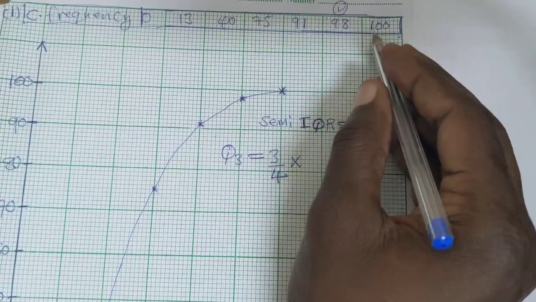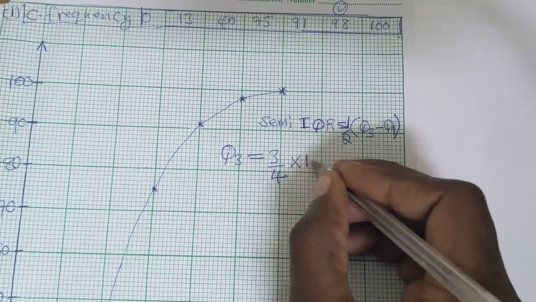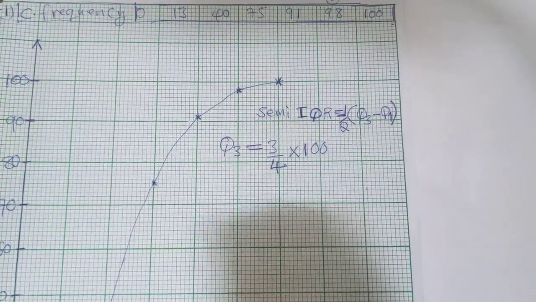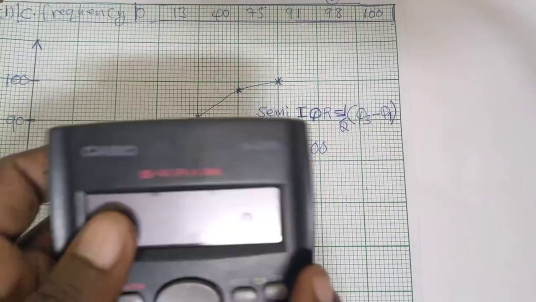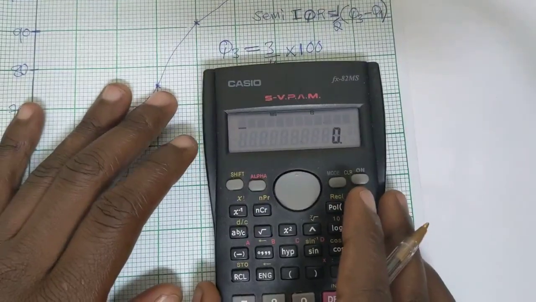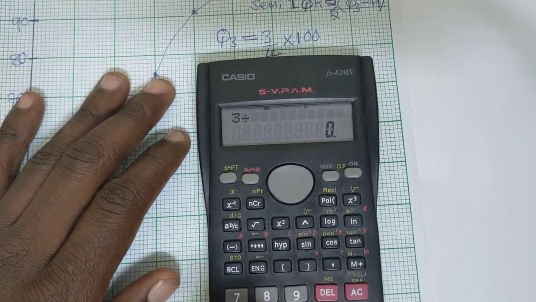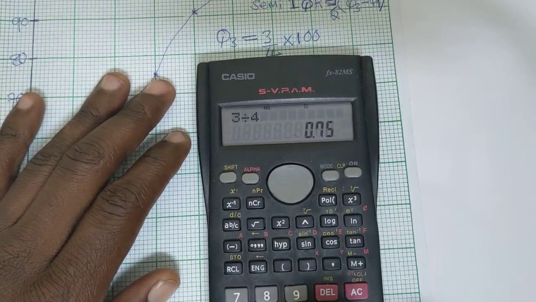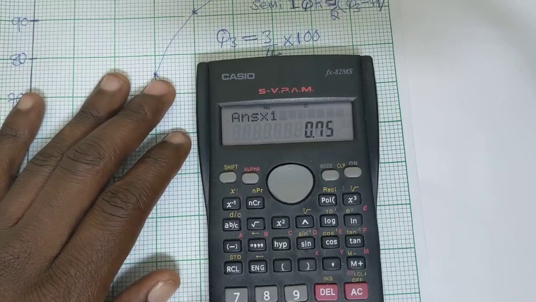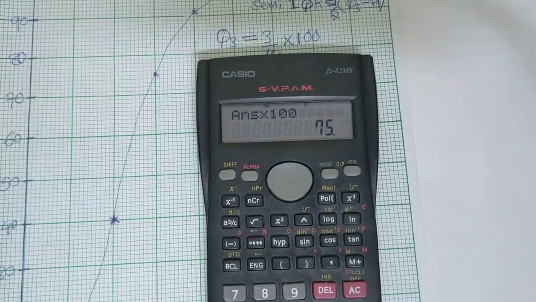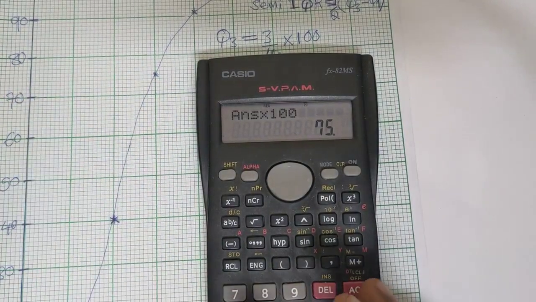We have 100 here, so 3 over 4 times 100. You do it on a calculator: 3 divided by 4, then times 100. That is 75.